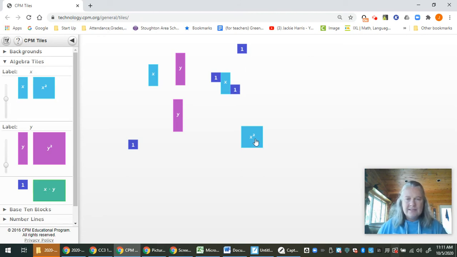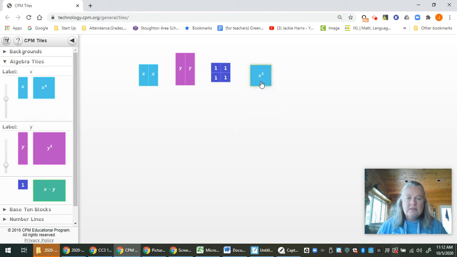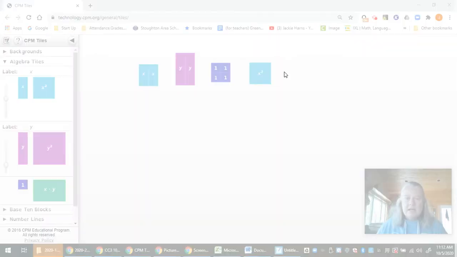But that just is like saying if you're going to the grocery store, you need a banana, and an apple. It'd be much easier to say I need to pick up 3 bananas and 2 apples. So we do the same thing with our tiles. We put all the tiles that are what we refer to as like terms, or the same kind of tile, together. And by doing that, what we can do is then name them.